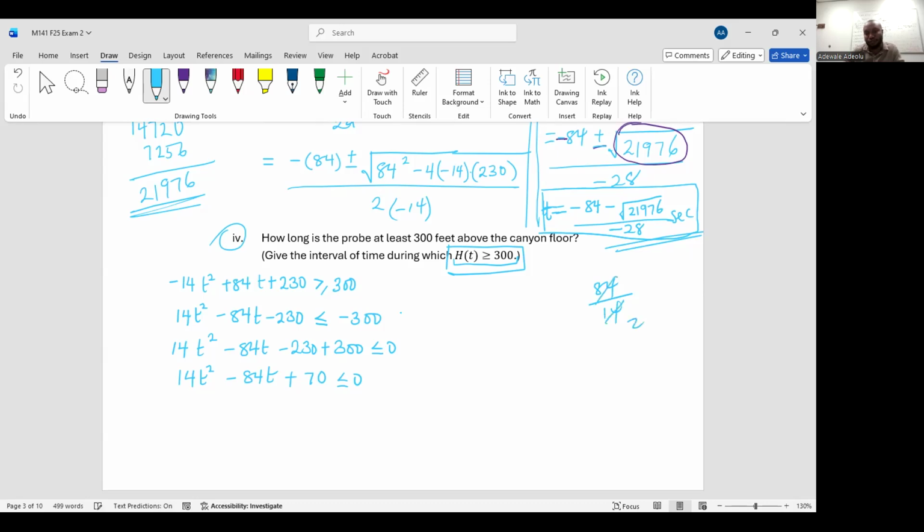So 7 here 2, 7 here 1, remain 1 and 14, 2. 2 here 1, 2 here 6. So that is t squared minus 6t plus, how many 14 can we have in 70? That should be 5, less than or equals to 0.